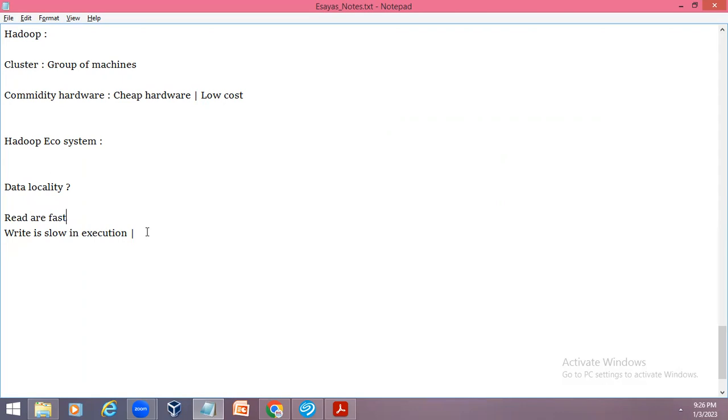Let's talk about the Hadoop system only. If you compare, in the Hadoop system reads are fast. Yes, Hadoop reads are fast, but writes are slow. Okay, I thought read is fast in RDBMS. No. Okay, but why so?